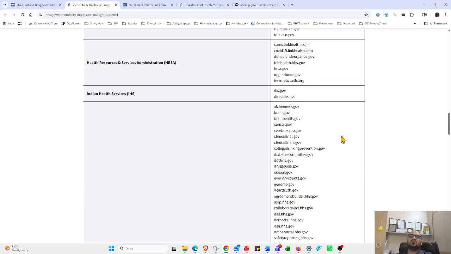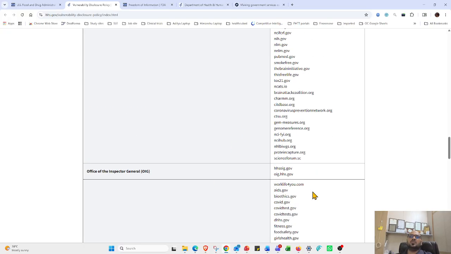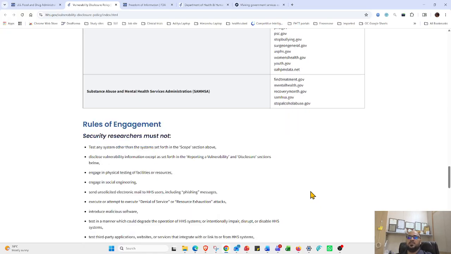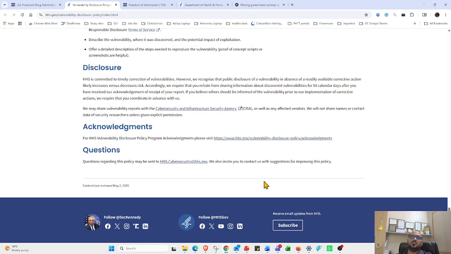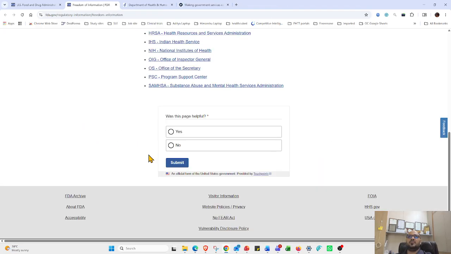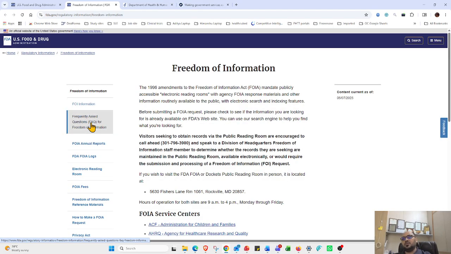So this is a good resource to have, because if you want to read about something or understand it, this is one platform where you can go to other platforms. They have given cybersecurity email addresses, so if you have any questions or concerns, you can share them. Then there is the Freedom of Information Act. This is one good place, because FOIA gives us a lot of details, certain deals, certain regulations.